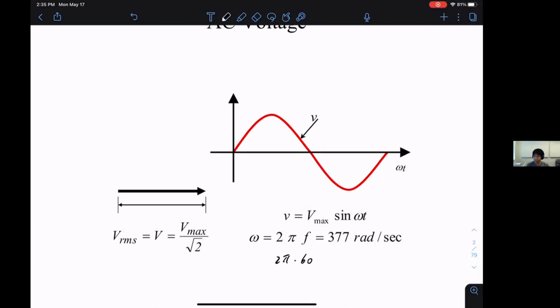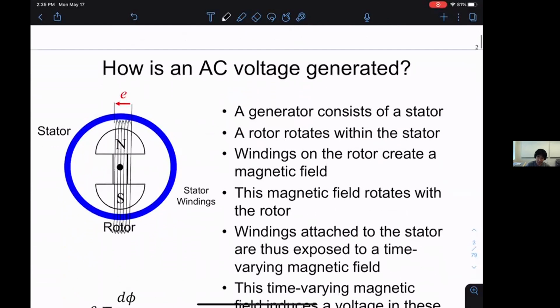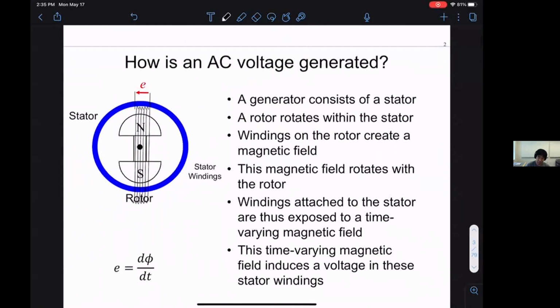So how do we generate this AC sinusoid? How do we talk about AC power? How do you generate AC power? It turns out generating AC power is quite simple. The law behind AC power is basically a straightforward application of Maxwell's equations. The idea is you put a magnet, and you wrap some windings around it. And what you do is you turn the magnet. This is the rotor.